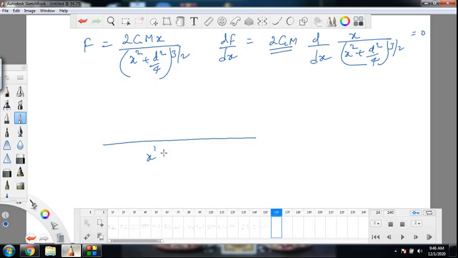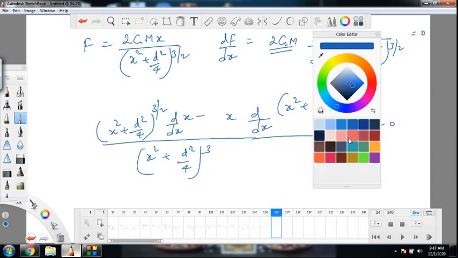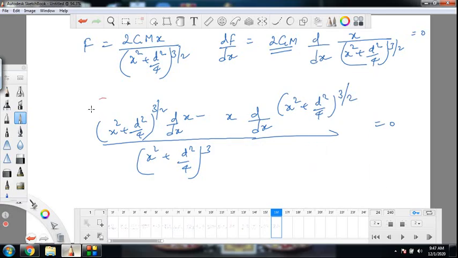First square the denominator, then denominator into differentiation of numerator minus numerator into differentiation of denominator. This must be 0. So the quantity which I am circling, we must equate that to 0.